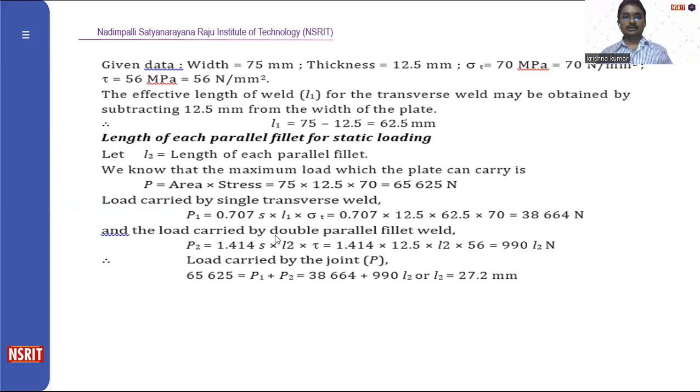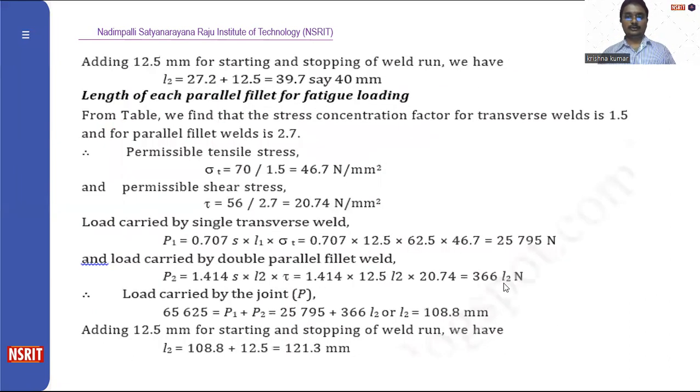Next, the load carried by the single transverse weld, P1, by solving we get this value. The total load carried by the double parallel fillet weld, P2, is 990 L2. Then the load carried by the joint is P, and by adding these values we get 27.2 mm.